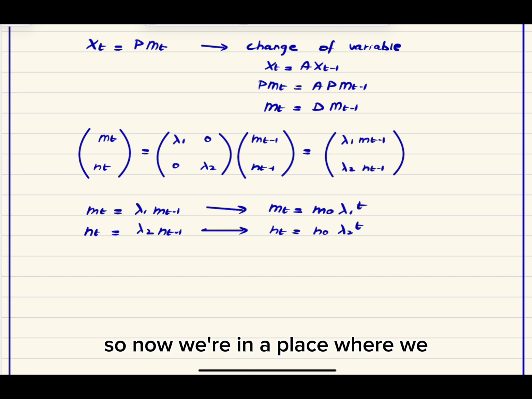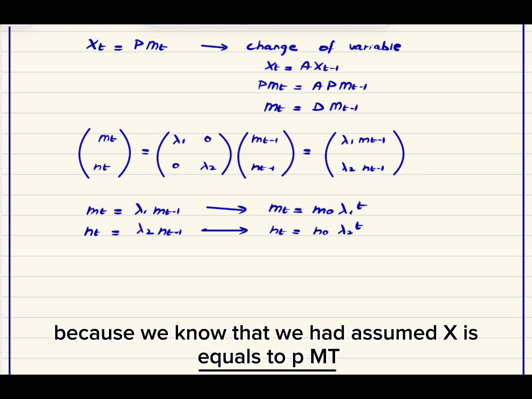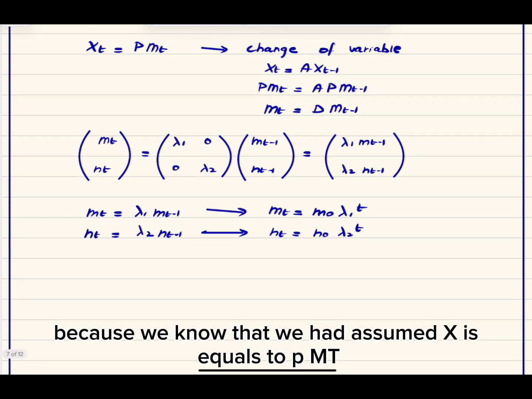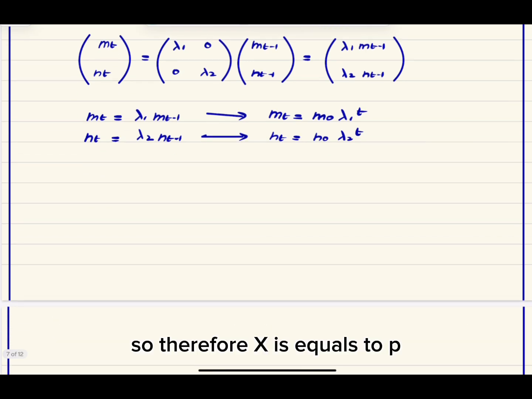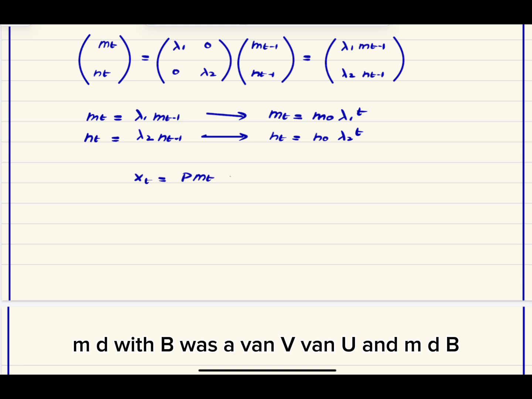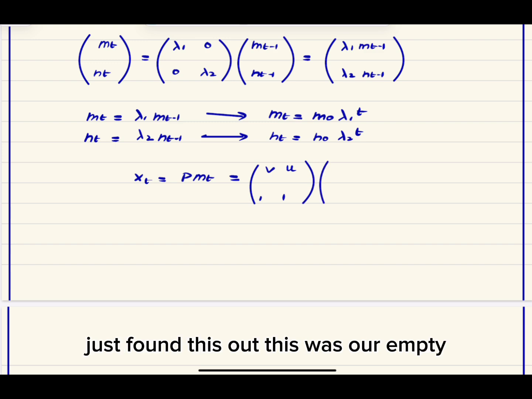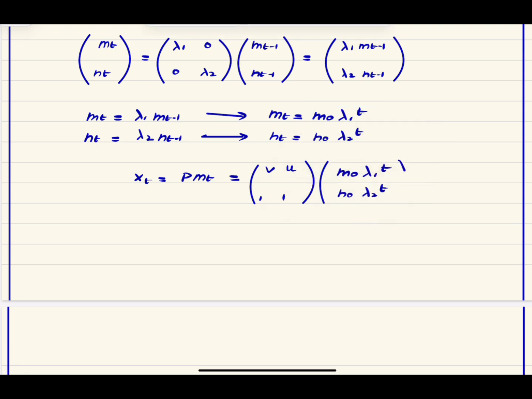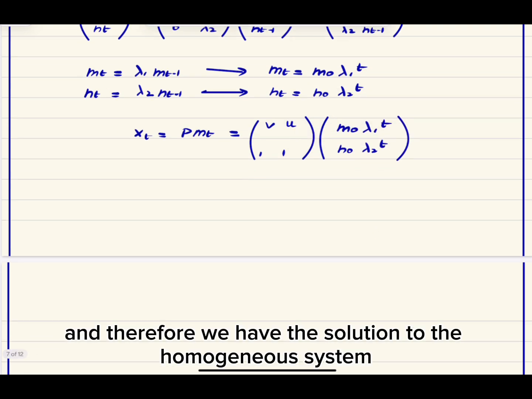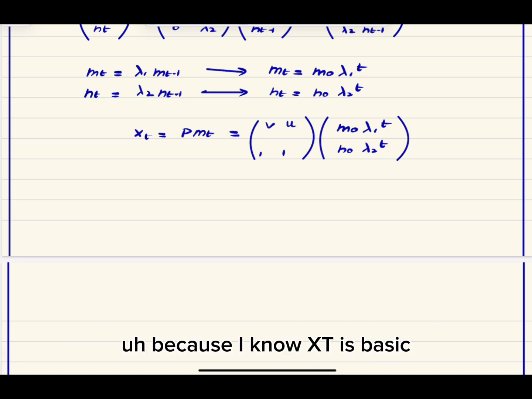So now we're in a place where we can find the final solution, because we had assumed x equals P mt. Therefore x equals P mt, where P was (1, 1; v, u) and mt we just found out. This was our mt, and therefore we have the solution to the homogeneous system. What was xt?